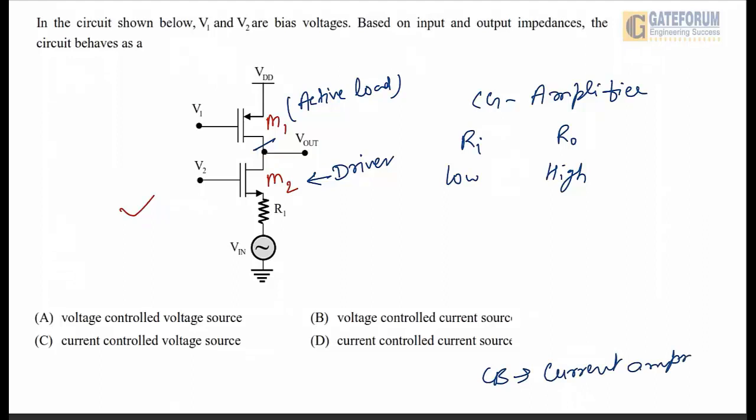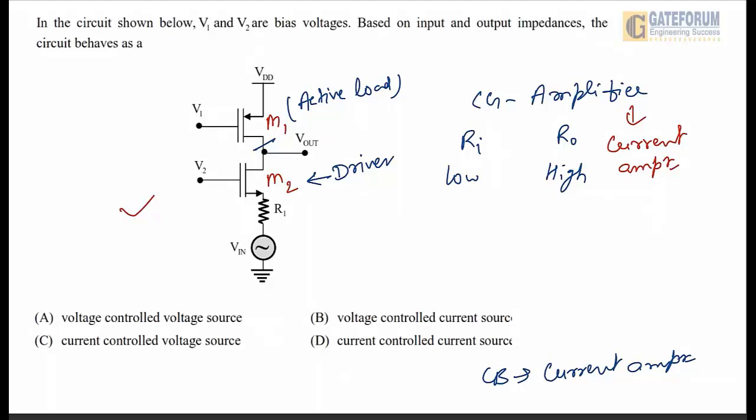In the similar fashion, this common gate amplifier also works as a current amplifier. So current amplifier means their input is current, their output is current, and their gain will be defined as output current by input current. So here we can say that the output current is controlled by the input current.